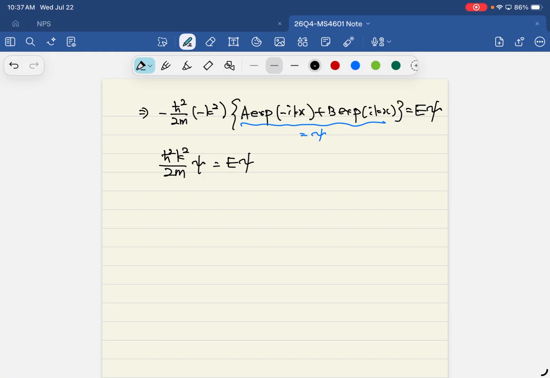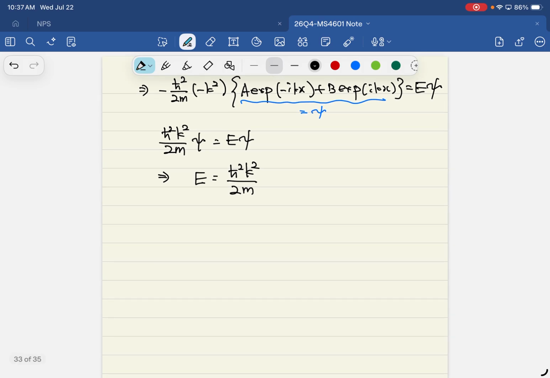So then from here, what we know is energy is simply h bar square k square over 2m. Right, that is essentially what we get by solving Schrödinger equation. And then what does this mean?